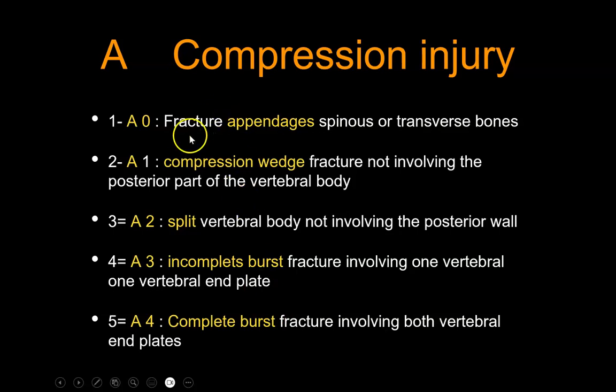So A0, fracture of appendages. A1, compression or wedge fracture. A2, split vertebra. A3, incomplete burst involving one vertebral end plate. And A4, complete burst fracture involving both vertebral end plates.